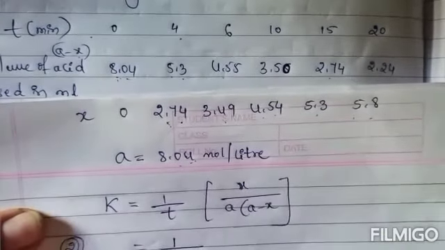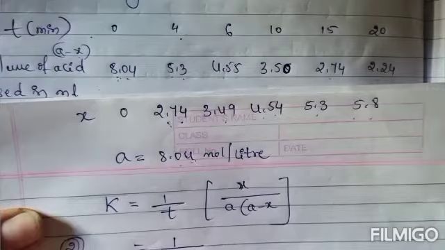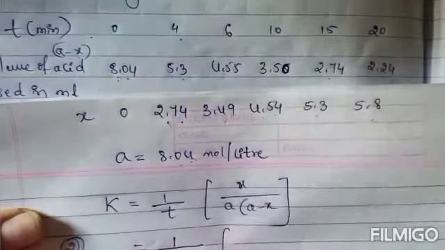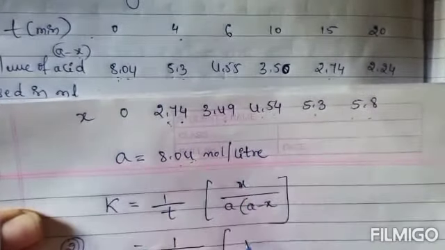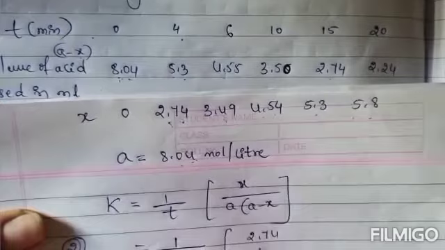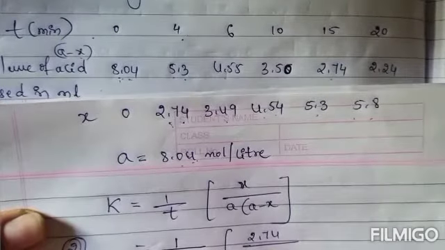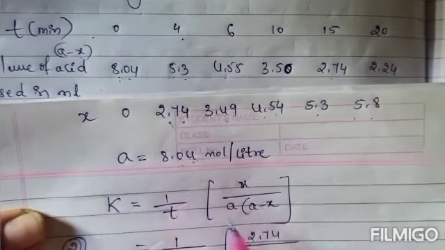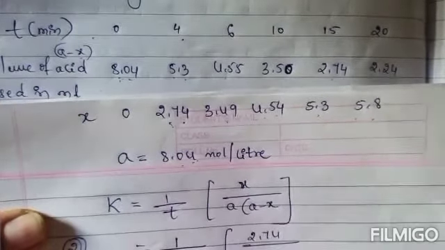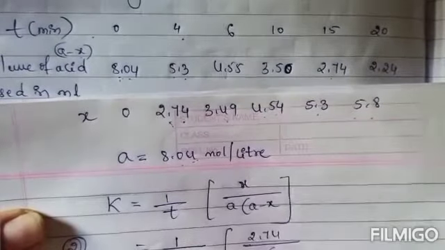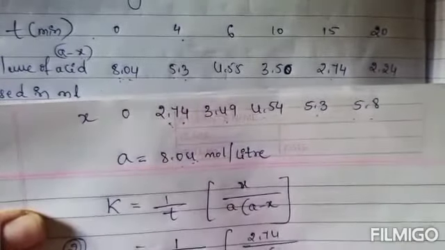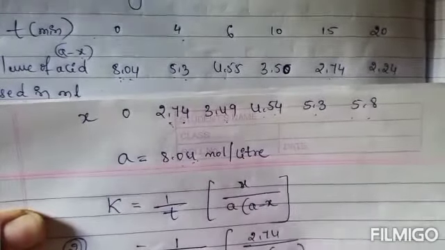The second one, time is 4, then X value is 2.74 divided by A value 8.04 into A minus X, 5.3.